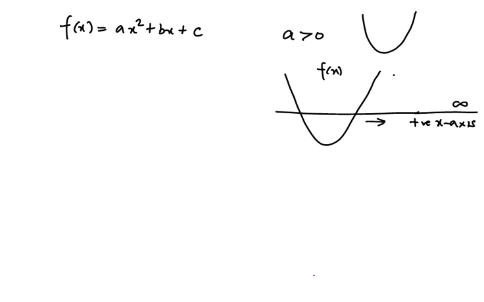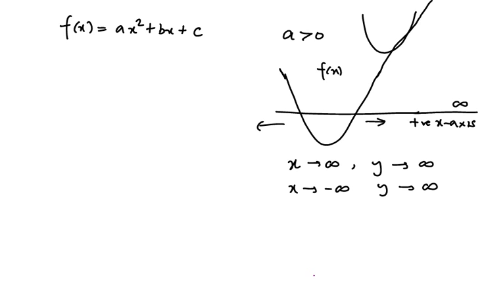The ordered pairs will go up, the graph will go up high, and y approaches infinity. So it's the behavior of a parabola that opens up: if x approaches infinity, then y approaches infinity. And on the left-hand side, if x approaches minus infinity, then also y goes to a very large number, infinity.